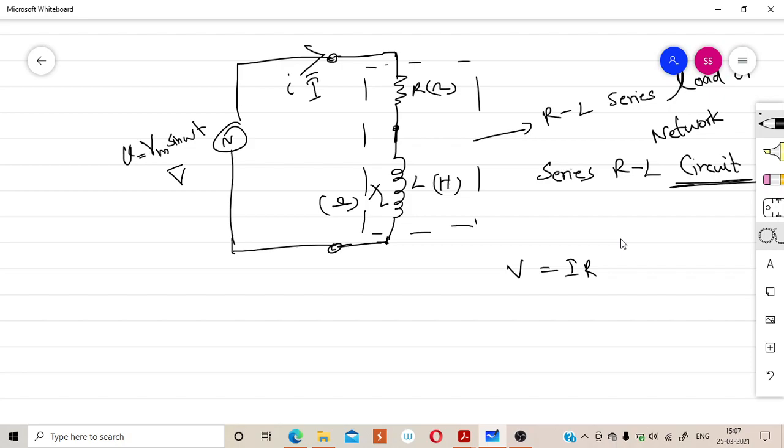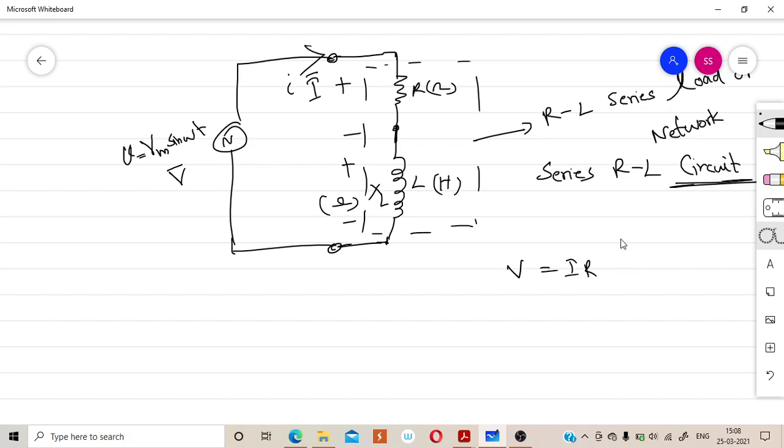So when a current I is flowing through this RL series circuit, voltage drops are developed, with the polarity plus here and minus here, and across the pure inductor it will be like this, plus and minus.